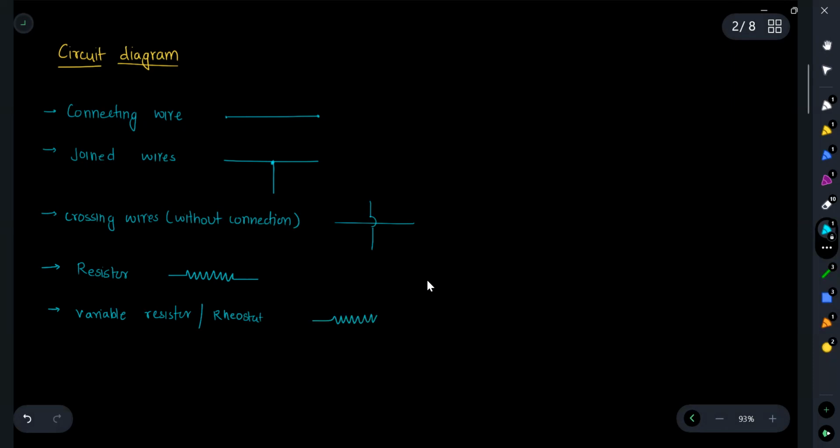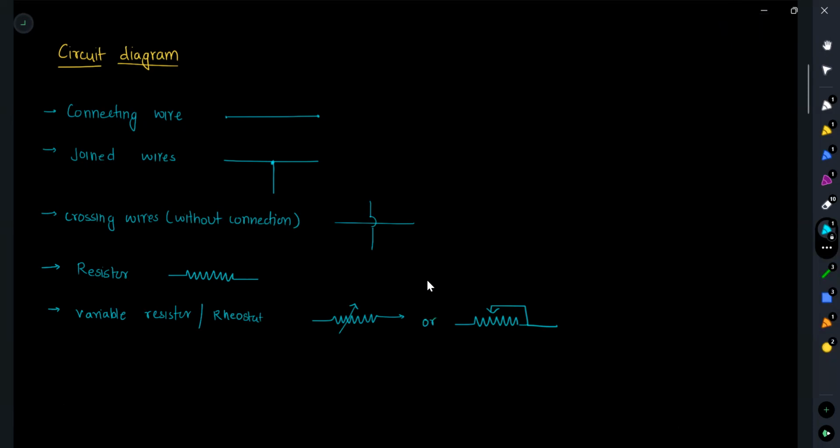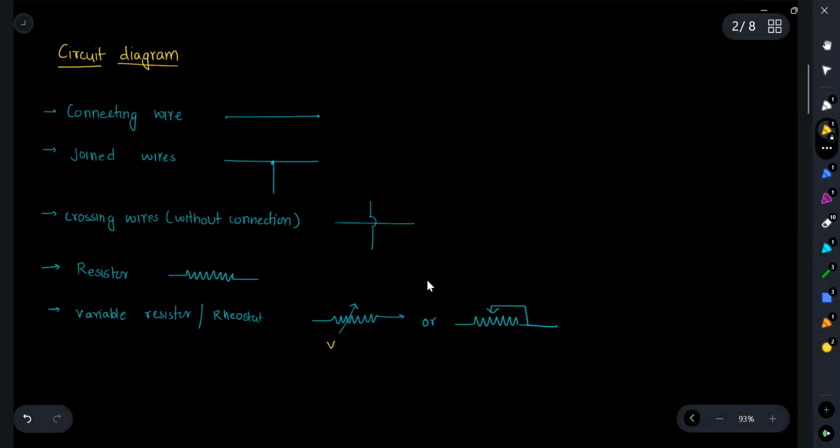Either you can just draw a resistor and draw an arrow over it, or you can draw a resistor and then from the top draw an arrow like this. This is also a rheostat, one of the two ways. This or this. Probably you'll be using this for variable resistance and this for rheostat.